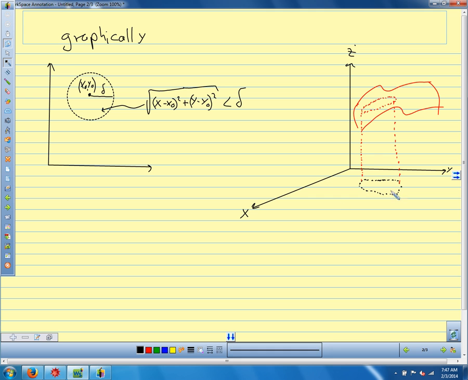And (x0, y0) is at the center of this disk, and our radius is delta.